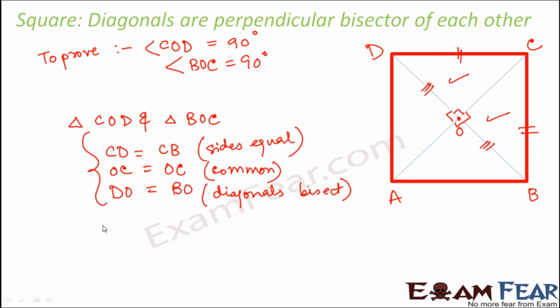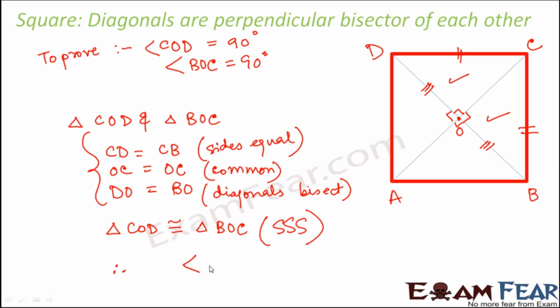Now considering these three relations, we can say that triangle COD is congruent with triangle BOC by SSS congruency. Now since these two triangles are congruent, angle COD will be equal to angle BOC. So we have proved that this angle is equal to this angle.